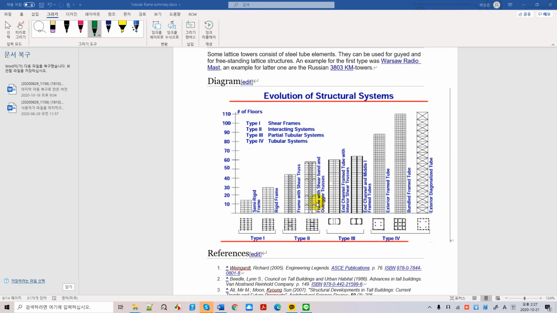So we learned this as outrigger frames and belt trusses and cap trusses. It can go up until 60 floors if you see here. And then we have mega columns and mega walls, also pretty good to resist high-rise loads up until 60 floors. And we learned exterior tubular and bundle tubular, exterior tubular with mega trusses, which cover one of the highest buildings in building history.